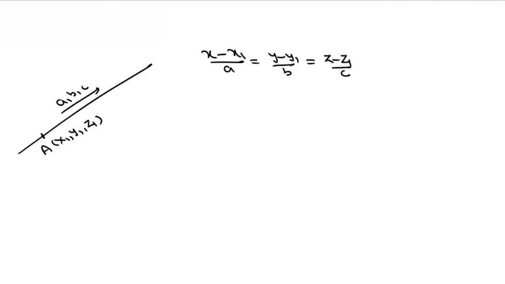Now we can also write this equation in vector form. In vector form, again, suppose we are given a point whose position vector is a. So the position vector of this point is a, and we have a vector which is in the direction of this line, say b. Now we have to find the equation of this line passing through a and parallel to b.